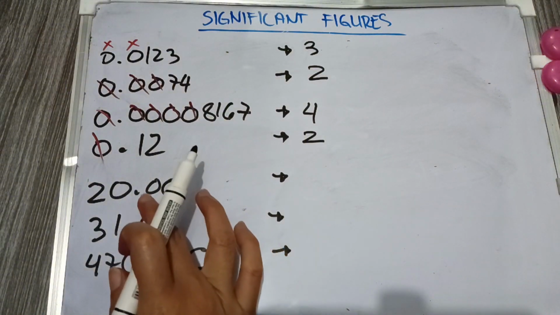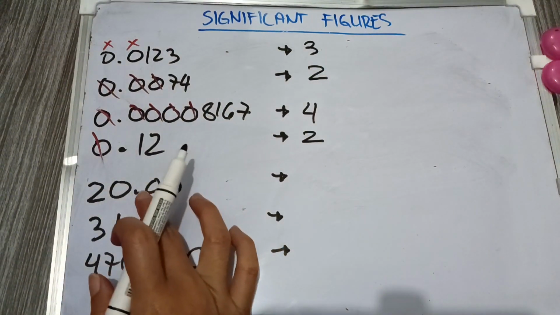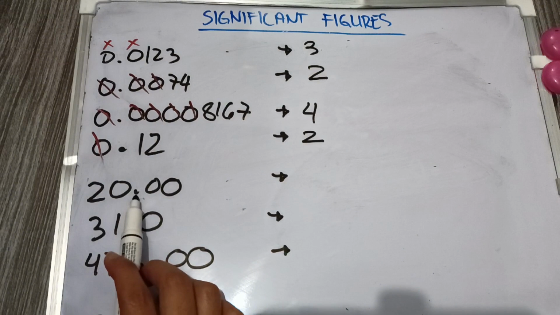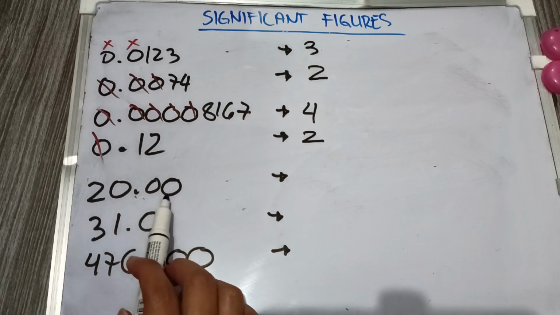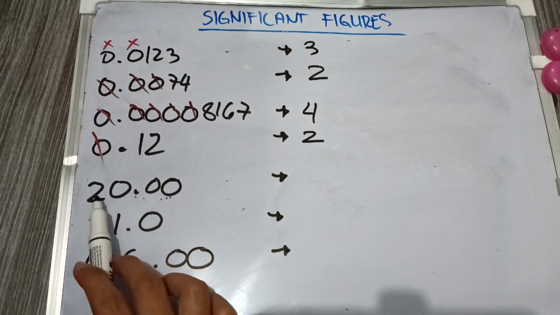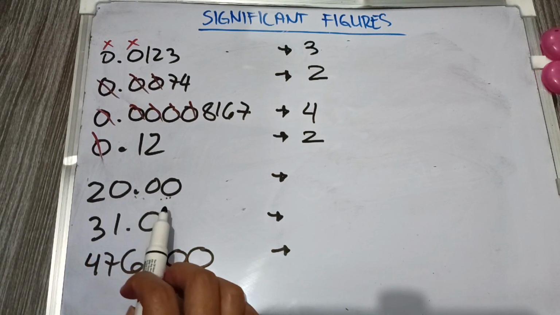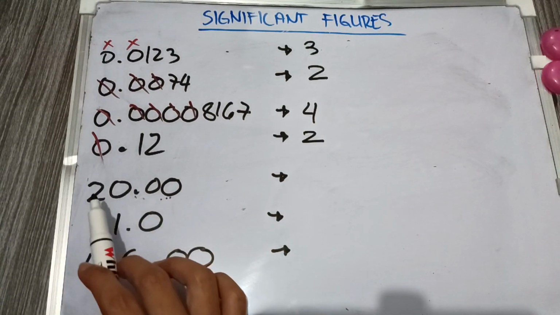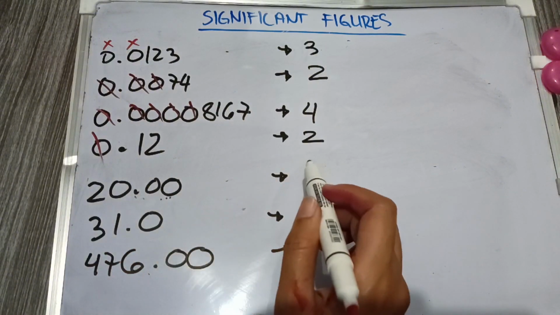Always remember that if a number has a decimal and the zeros are placed at the last, these will be counted as significant figures. So we have 1, 2, 3, 4. We have 4.